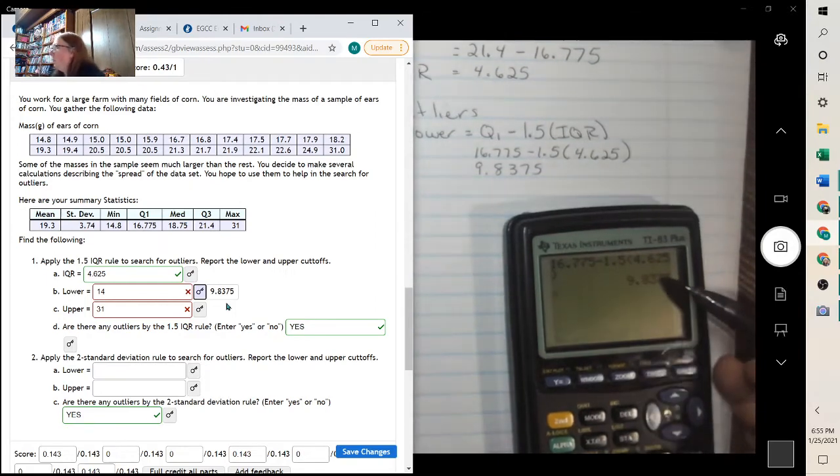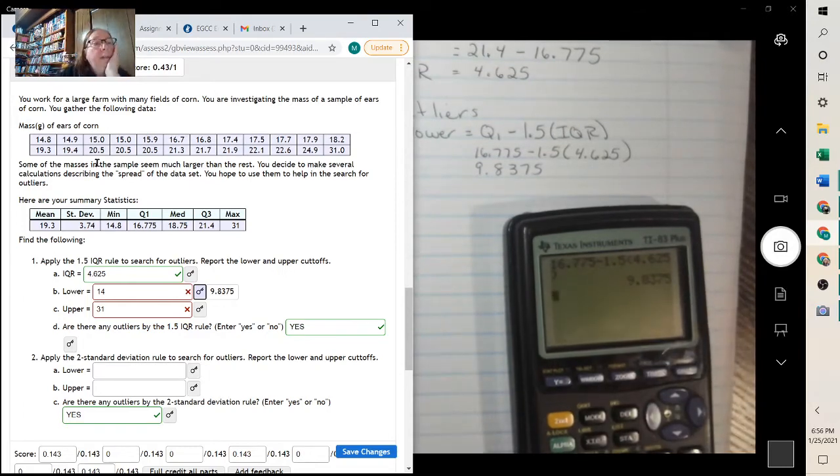So any value below this would be an outlier. So if there's any values in the data set that is below 9.8, which it doesn't look like it, so there's no lower outliers.